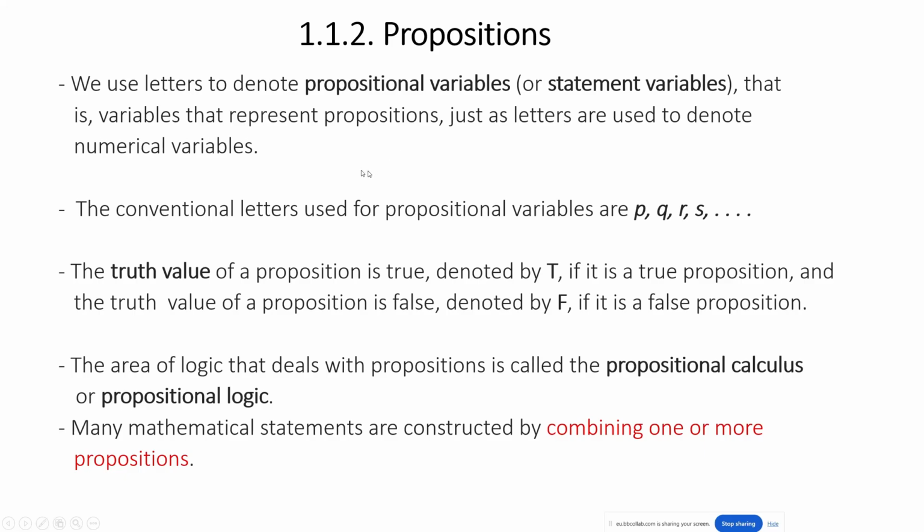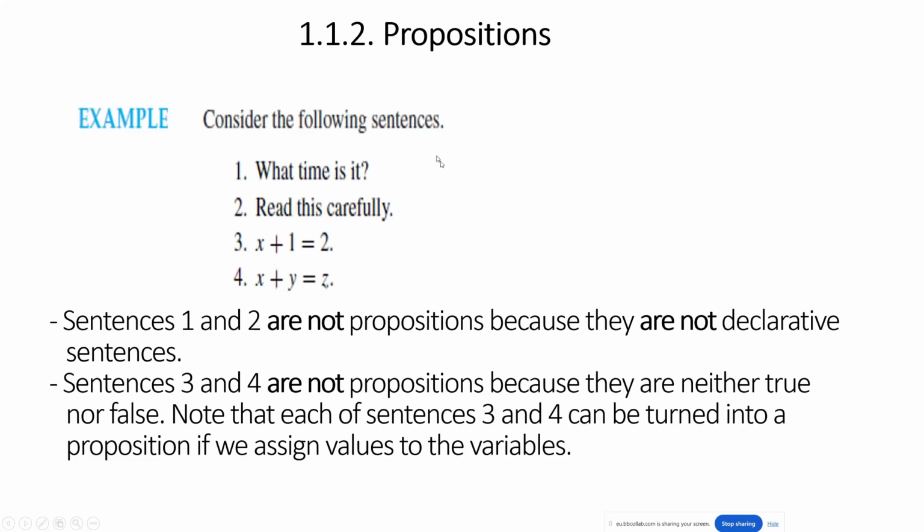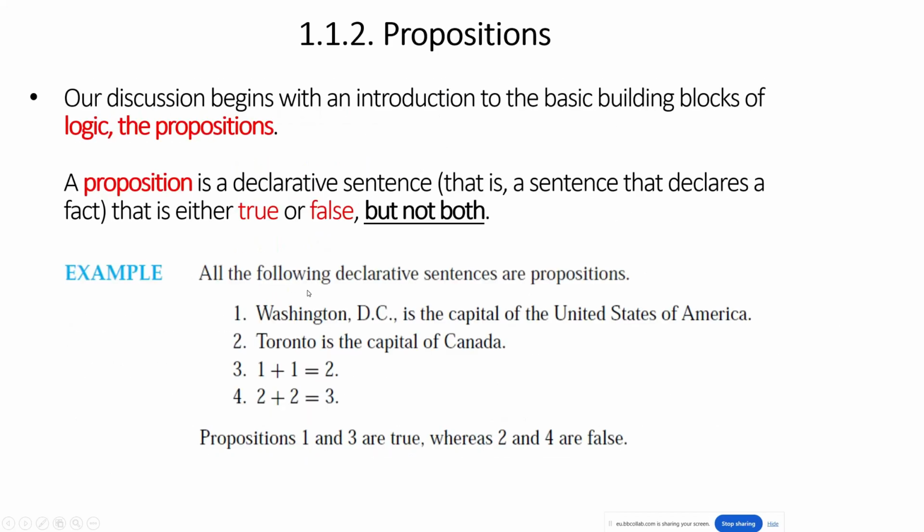So if there are propositions, generally we give them names. For example, this is not a proposition, so we cannot talk about it. But for this one, I can say assume that proposition P is this, and proposition Q is this.